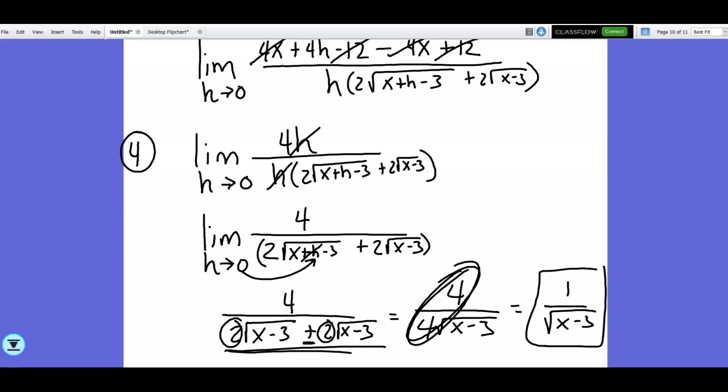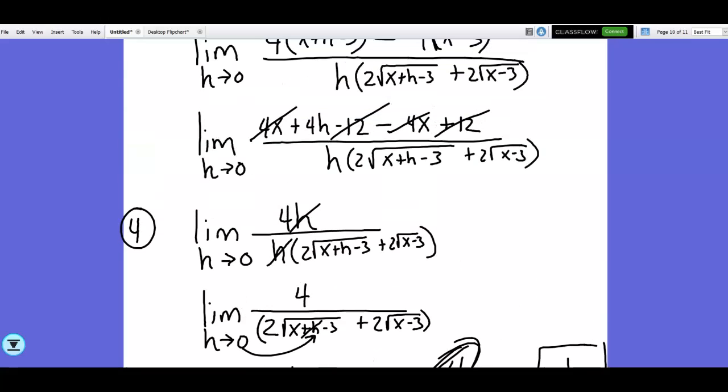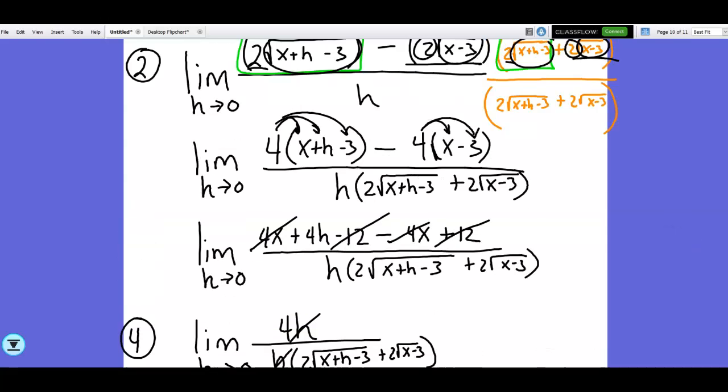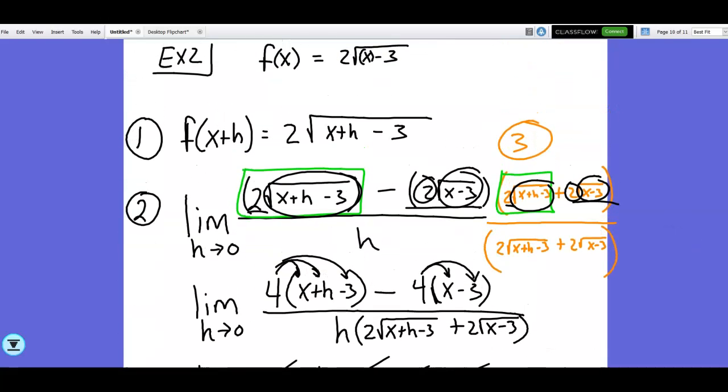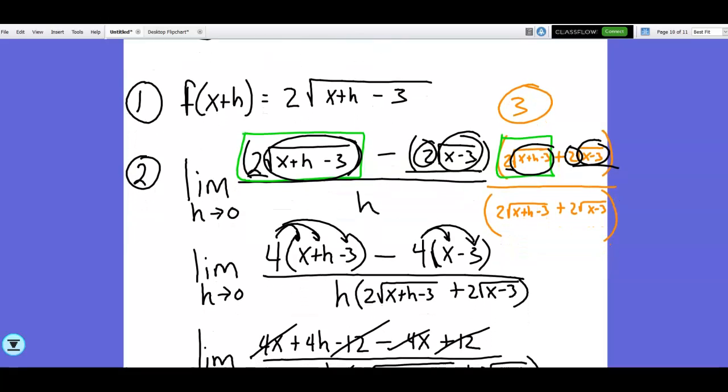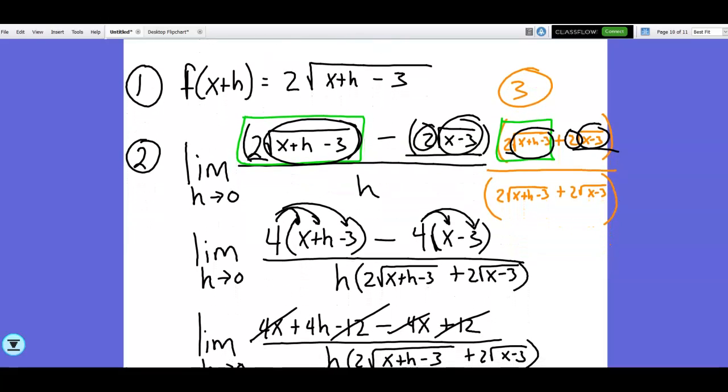All right, so let's kind of review the steps here, in particular the stuff that's different. So the stuff that's the same, steps 1 and 2, shouldn't be too surprising to us. Those are pretty straightforward. But step 3, we start by rationalizing, which means you're going to multiply by the conjugate.